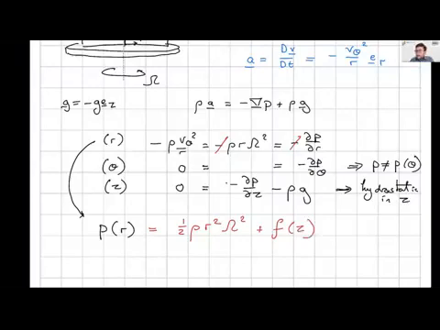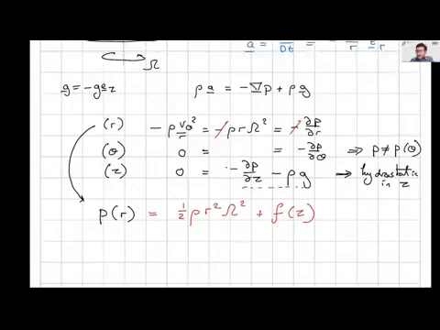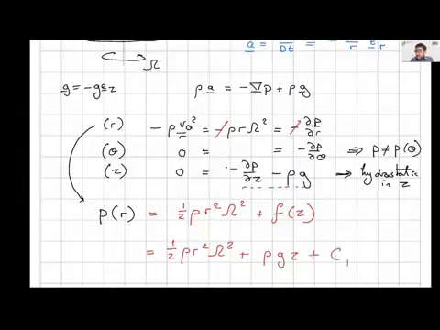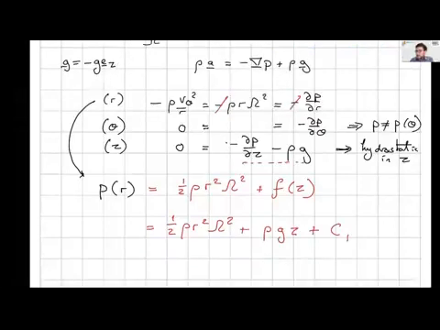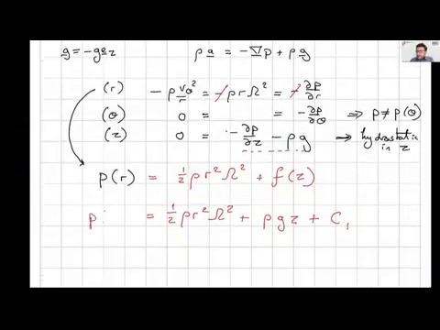And I can find the function of z by solving this equation for dp/dz. And so when I do that, I'll get 1/2 rho r squared omega squared plus rho g z plus some constant of integration c1. So this is our final expression for how the pressure field looks.